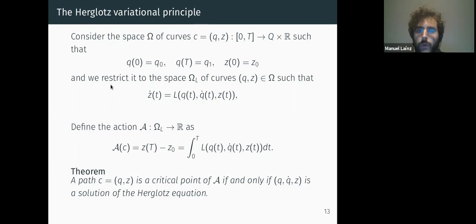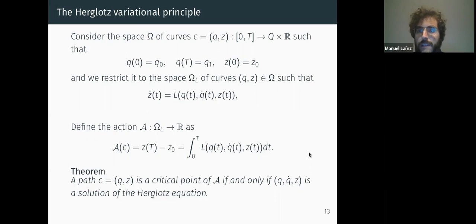And now we will restrict this space of curves to the ones that satisfy this differential equation over here. Now we define the action, only on this restricted space of curves satisfying this equation, to be the endpoint of the z variable minus the initial point, or equivalently, by the fundamental theorem of calculus, the integral of the Lagrangian along the curve on Q, its derivative, and this z curve.